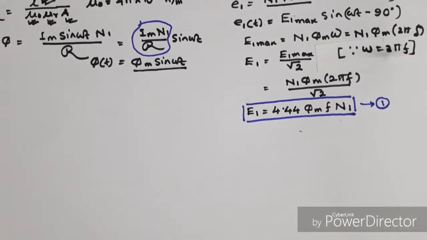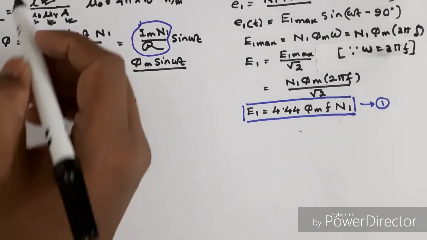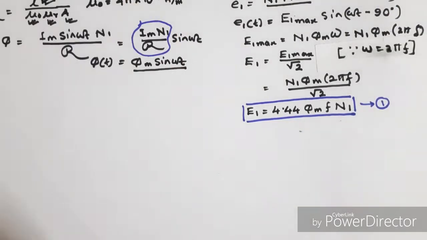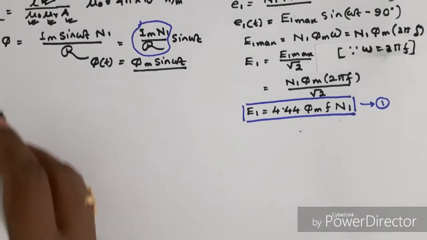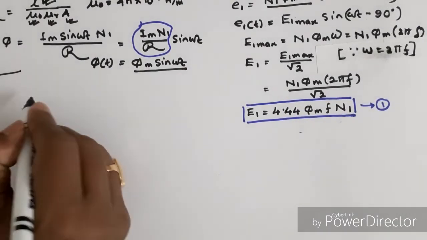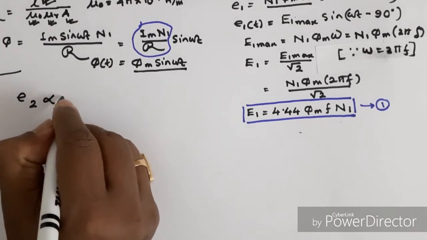Now, if we take it as an ideal transformer, that means leakage flux is 0. The flux which is produced in the primary winding links with the secondary winding, so we can say the induced EMF in the secondary winding E2 will be proportional to d phi dt.